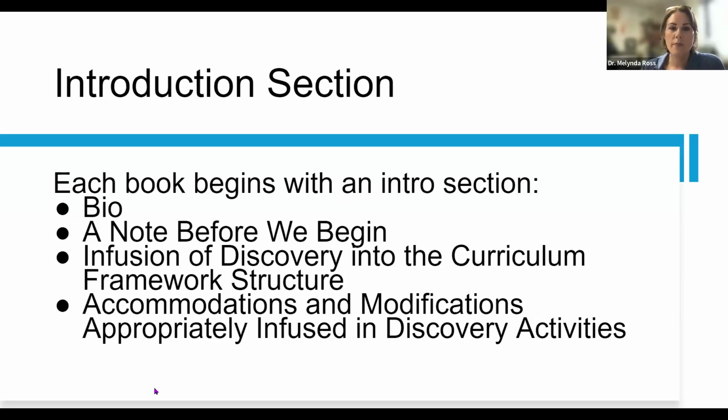It also talks about accommodations and modifications. These books are for you and your students, but remember, ultimately it is for the families as well. It's not totally out of the realm to think that at some point, somebody's going to come across this on the internet. So we did go ahead and explain again what accommodations and modifications are.